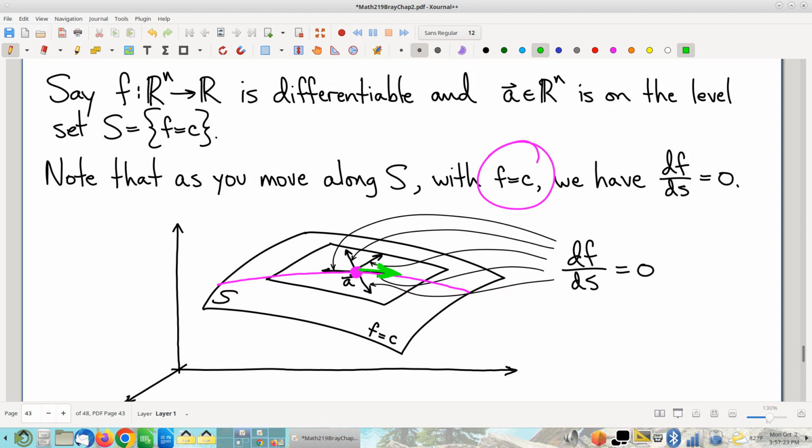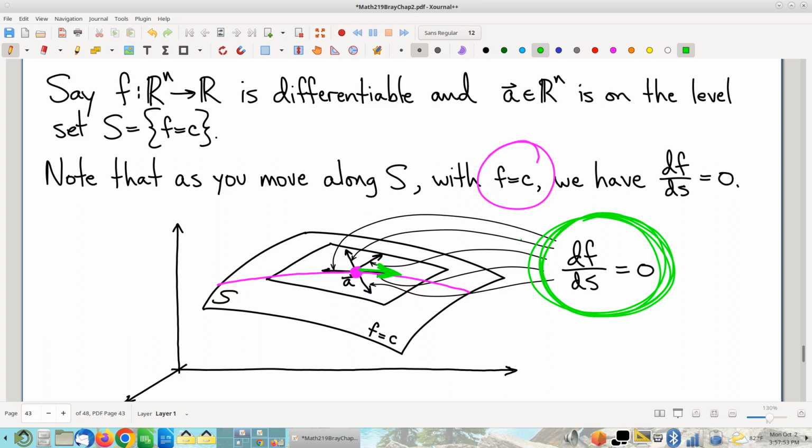As I continue to move along this curve where f is constant, f is not changing, aka the rate of change of f is 0. That's just a fancy way of saying f is still constant. So the rate of change of f is 0 for that tangent vector.